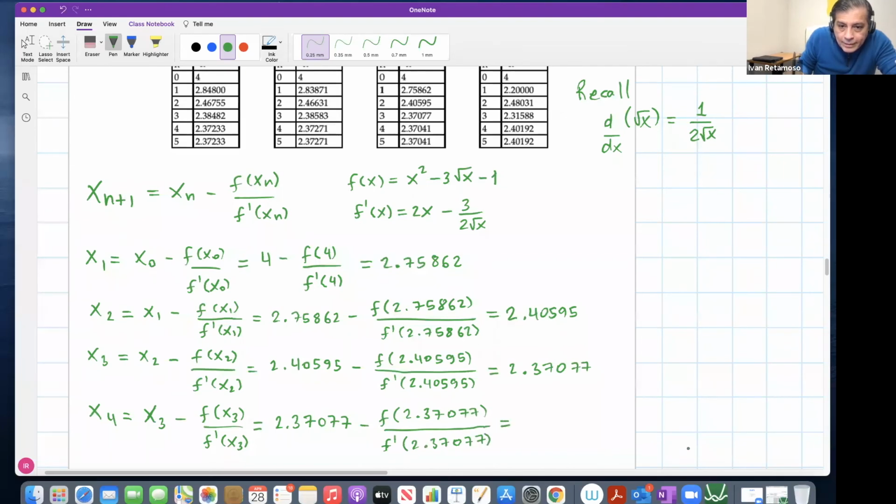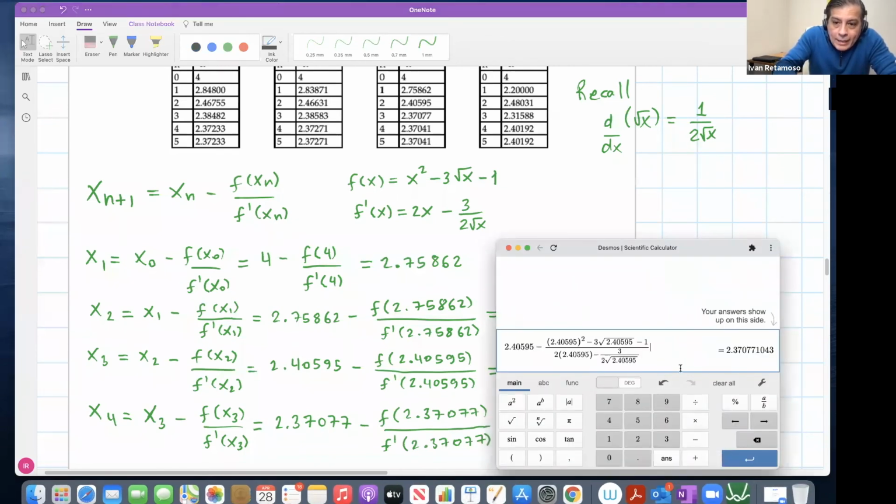Great. Now we're going to do this. I already have the structure here because I computed this before. It's all about changing these for the new output value, which is the input for this function, 2.37077. I need to change this for 2.37077, and then I just copy and paste, just to simplify my life.